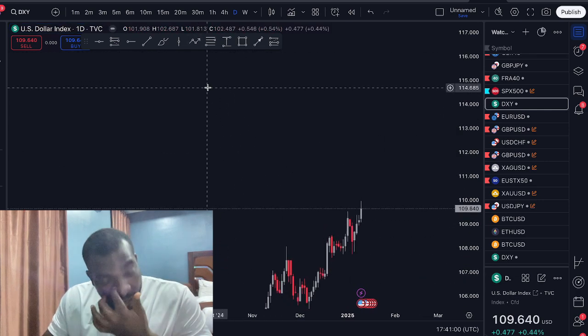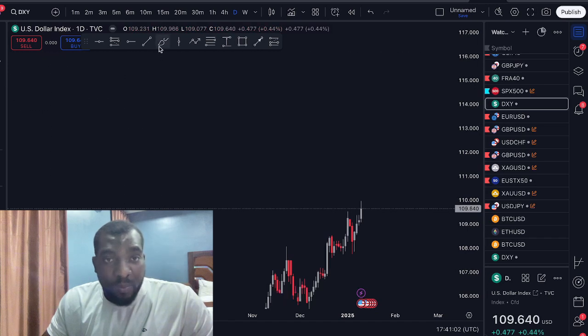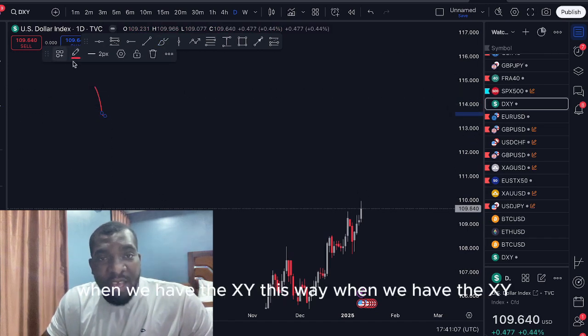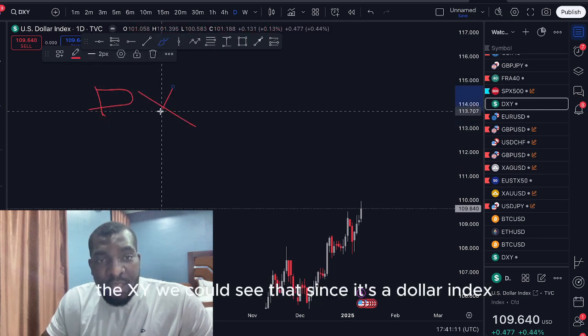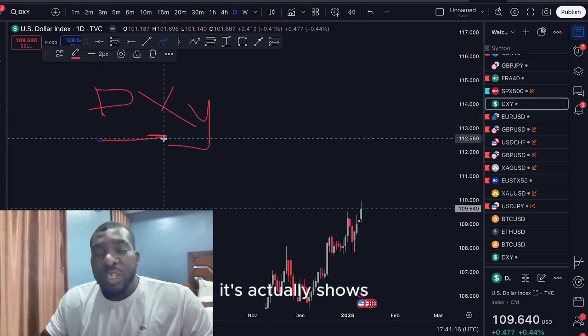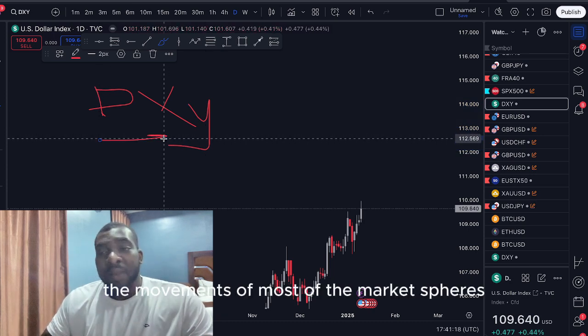Another reason why we analyze DXY is that if we know the directional bias of DXY, we can see that since it's a dollar index, it shows the movements of most of the market pairs.